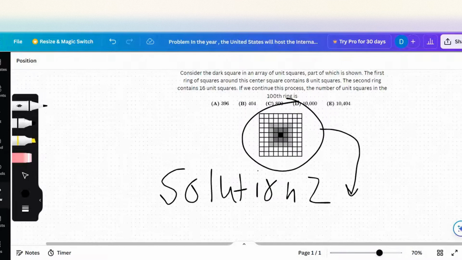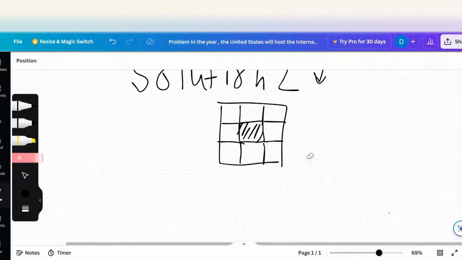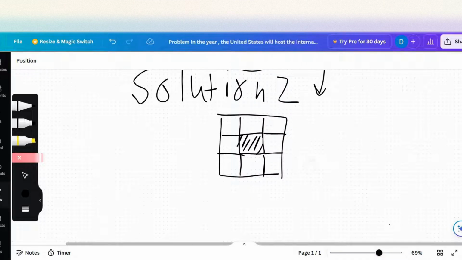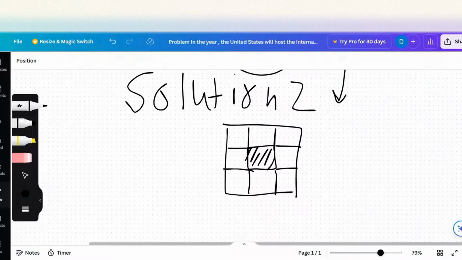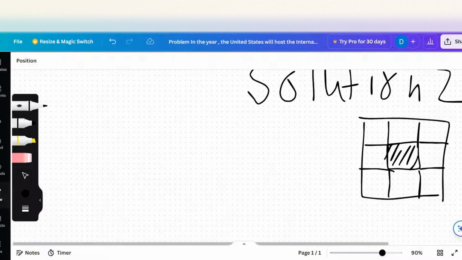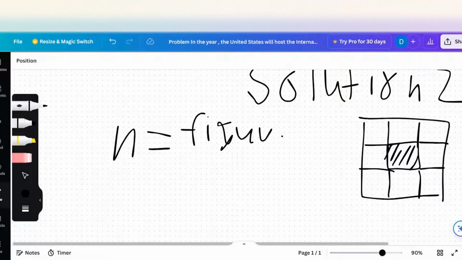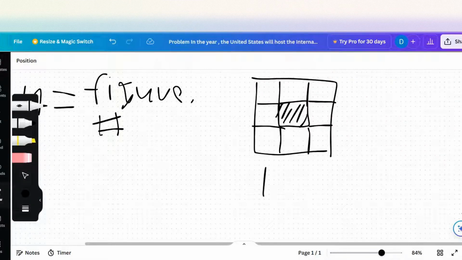If we use variables here, the first figure looks like this, and the shaded square isn't included in the first figure. So we can rewrite this with n being the figure number, and in this case it's 1.